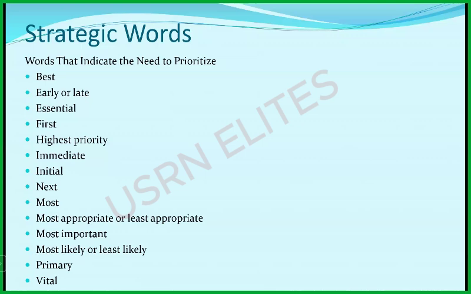It means things that you should not do, or which is of no importance or very small importance. Then most important, most likely, or least likely. So which of the following is most likely to occur in someone who has diabetic ketoacidosis?